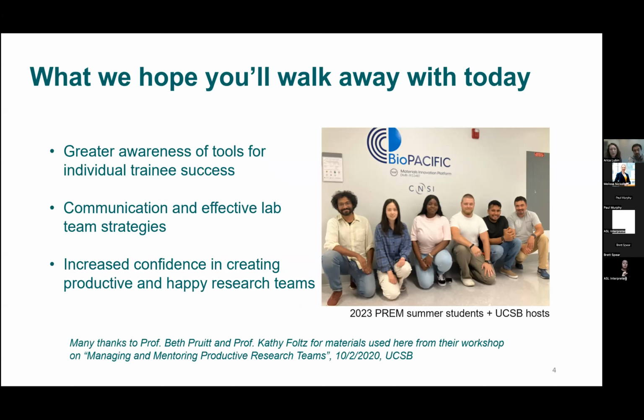And then finally, we hope that all of this discussion and these tools and exchange of ideas will give you increased confidence in creating productive and happy research teams, whether you are in charge of your own team, whether you're supporting research on your campus, or whether you are participating as young researchers. Hopefully, these tools will help you come away with more empowerment and confidence moving forward.